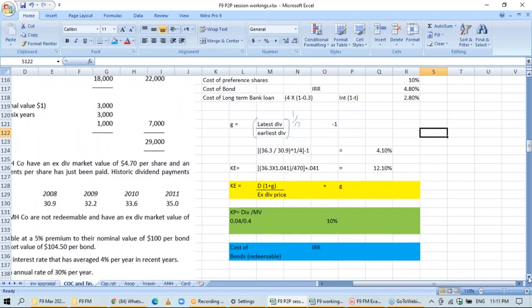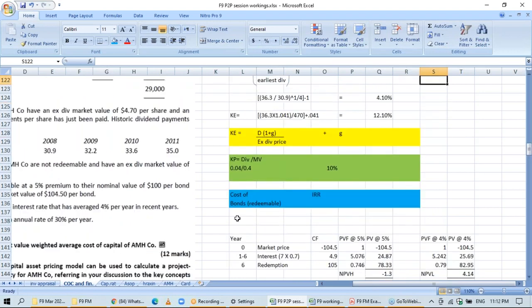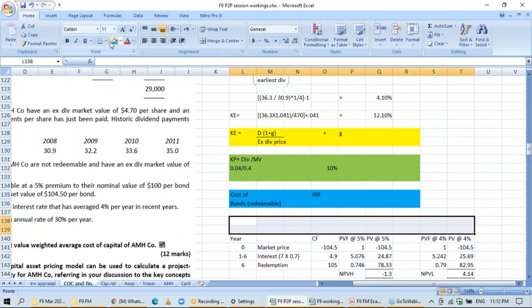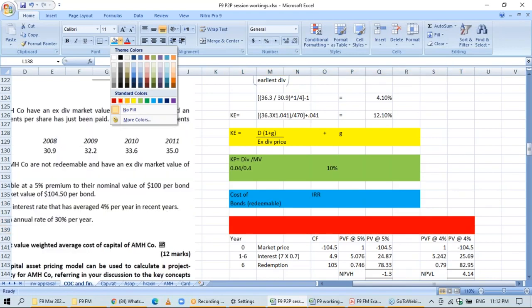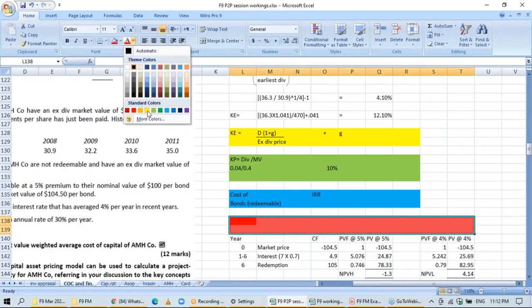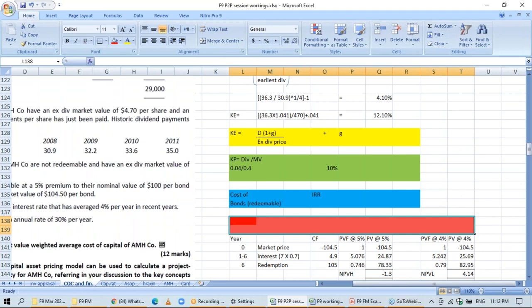Okay, doing it here, you will be able to see the weighted average cost of capital calculation in red over here. The WACC, weighted average cost of capital.